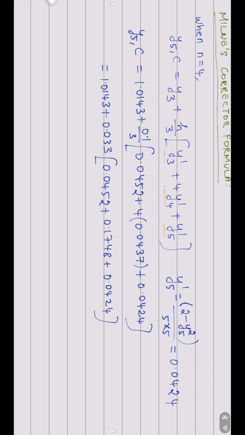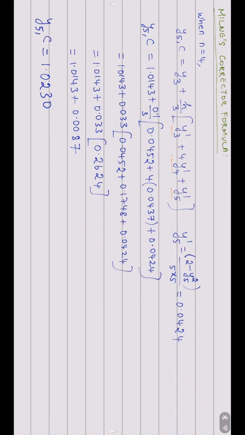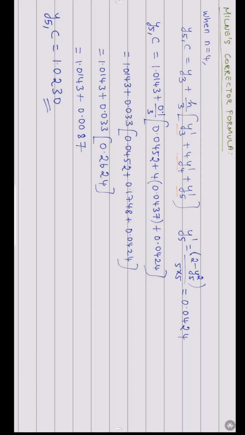Therefore, we get y5 dash as 0.0424. On substituting these values in the corrector formula, we achieve the corrected value of y5 as 1.0230. In this way, we can solve ordinary differential equations with given conditions using Milne's predictor and corrector formula.